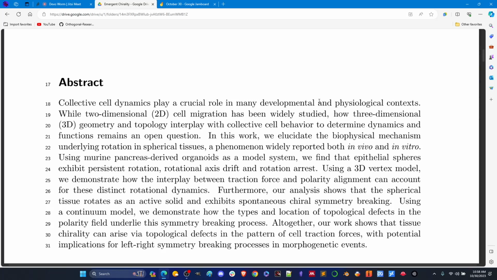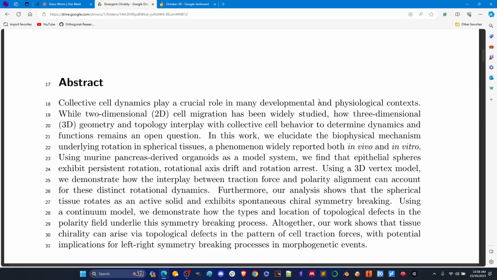Furthermore, our analysis shows that the spherical tissue rotates as an active solid and exhibits spontaneous chiral symmetry breaking. So this is where, again, we have this chiral symmetry breaking in the model. Using a continuum model, we demonstrate how the types and location of topological defects in the polarity field underlie the symmetry breaking process.